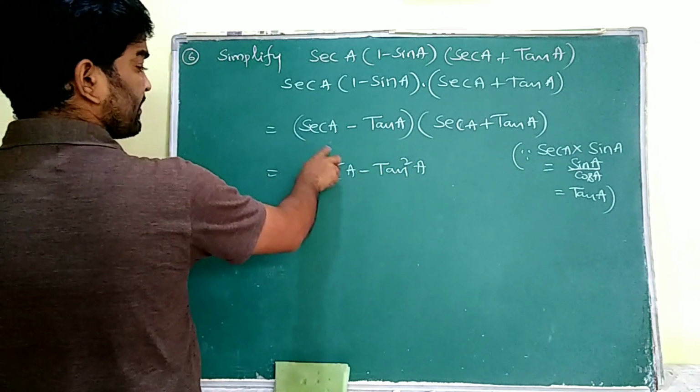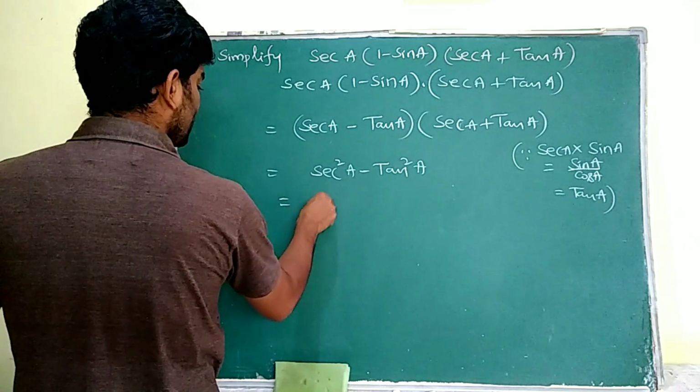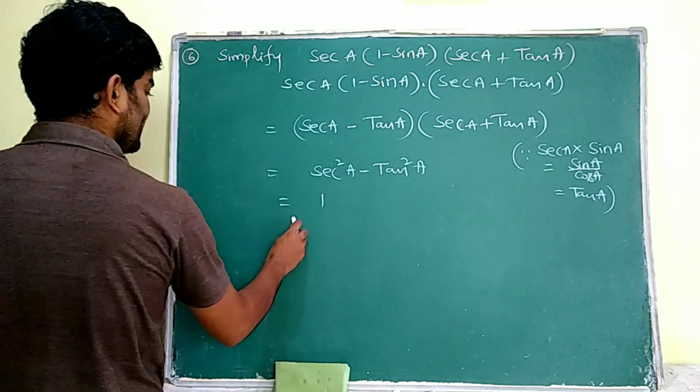So, secant square A minus tan square A. We know its value is 1 because it is an identity.